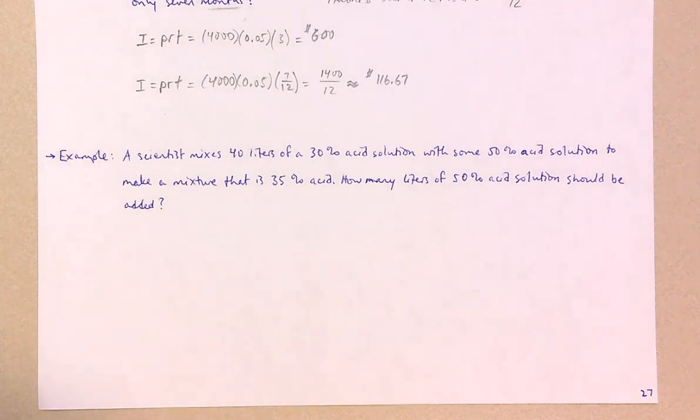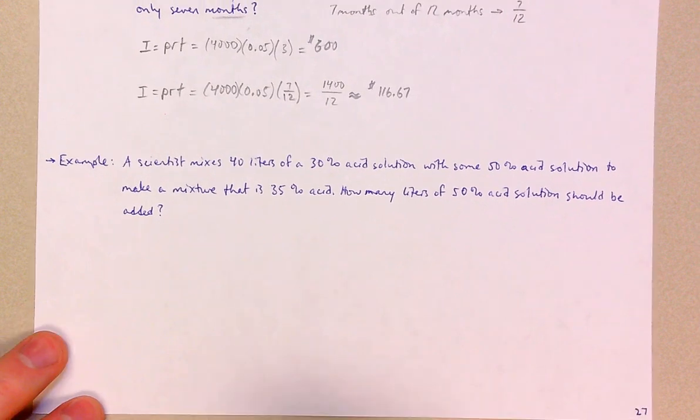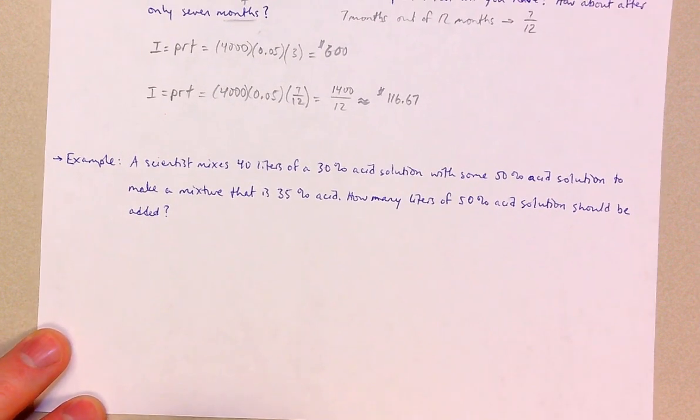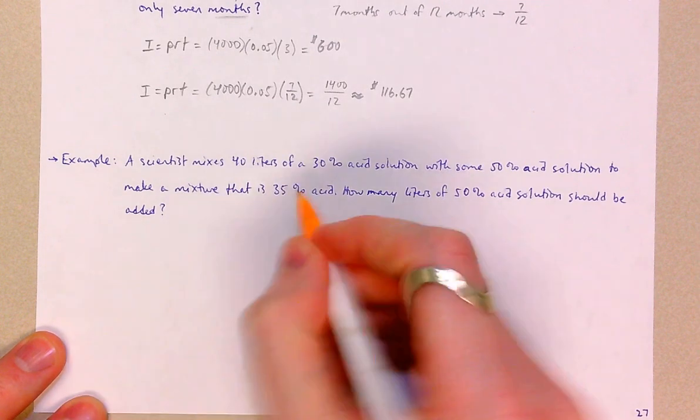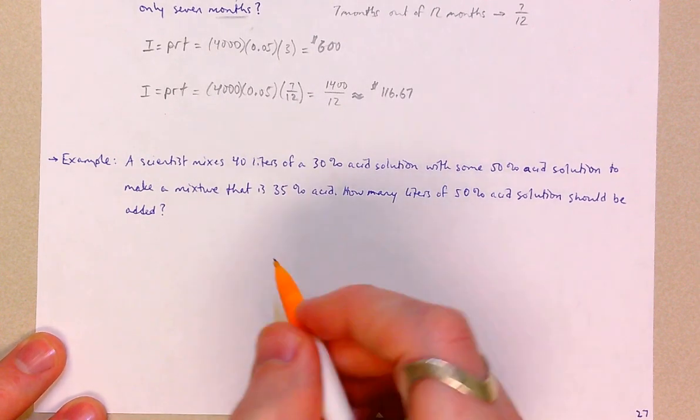How we're going to set up the equation that we have to solve is we're going to look at what things we have now and what we want to have. What pieces do we have now and what do we have to do to them to get what we want. So what we have now is we have 40 liters of a 30% acid solution.